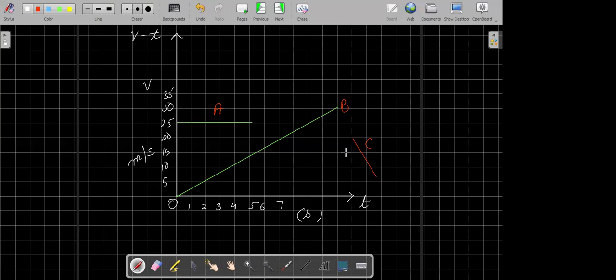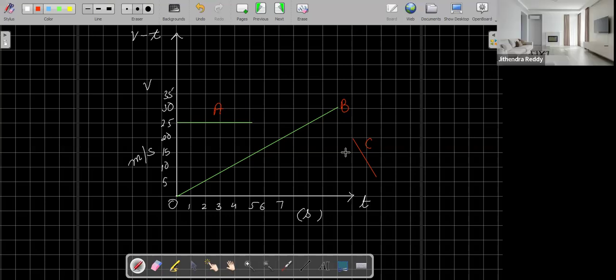Sir, the same velocity goes on until 5 seconds. Okay, so the velocity is same. So graph A represents zero acceleration, as the velocity is constant for the whole time. Is the object moving or stationary? Sir, it's moving.